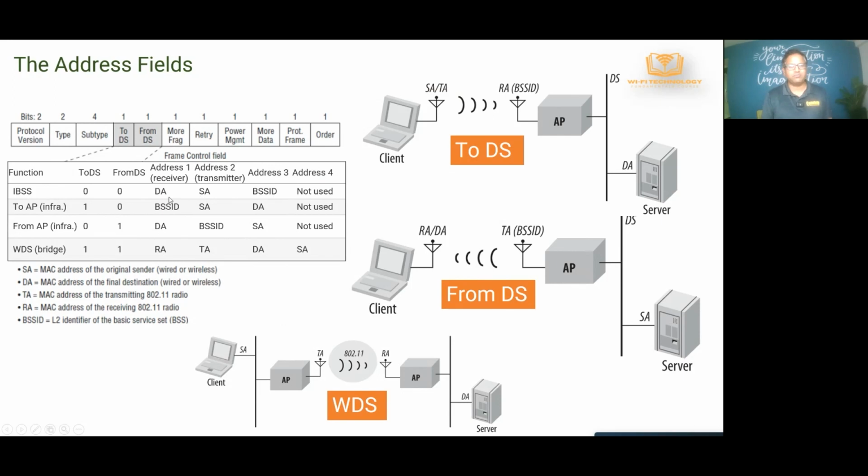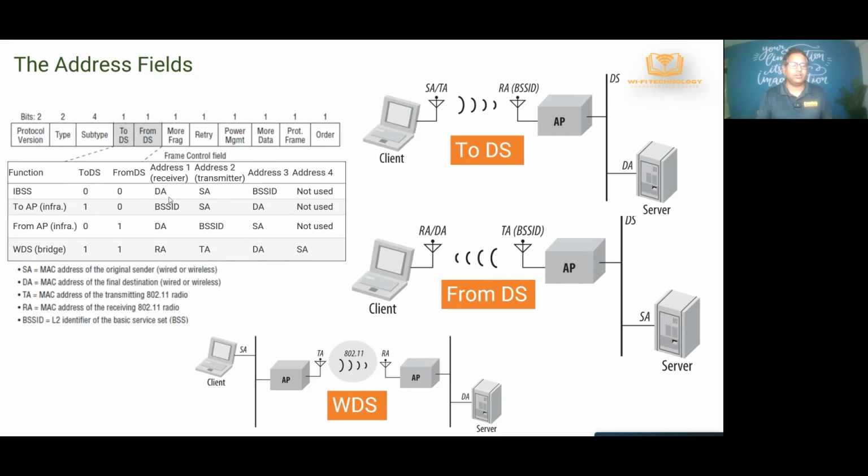So for example, if the client is sending a probe request to an access point, then the source address is the client's address, the destination address is the access point's address, which is also the same as the BSSID. So the DA will also be the BSSID, and then the address field is the BSSID, right?